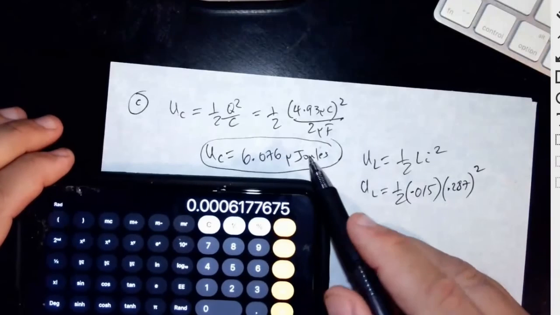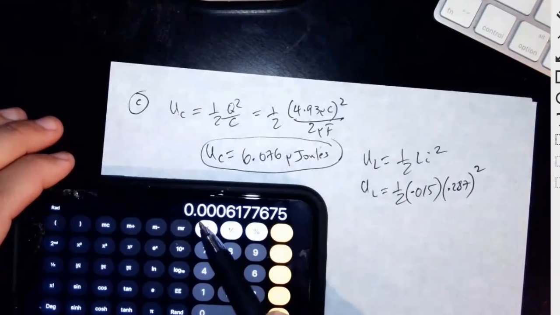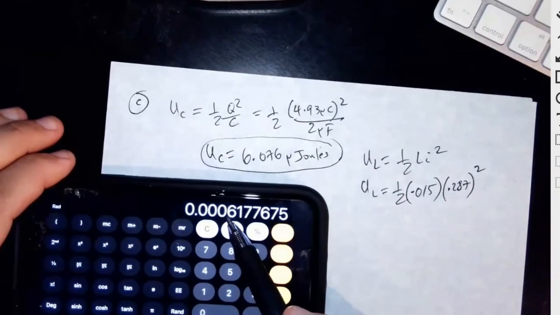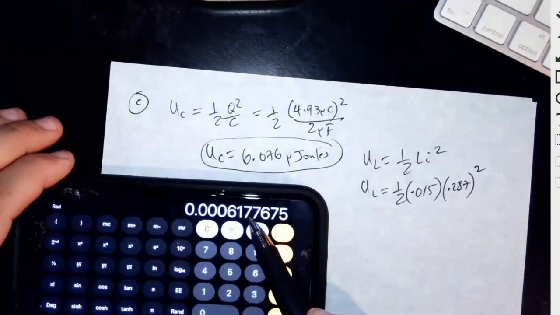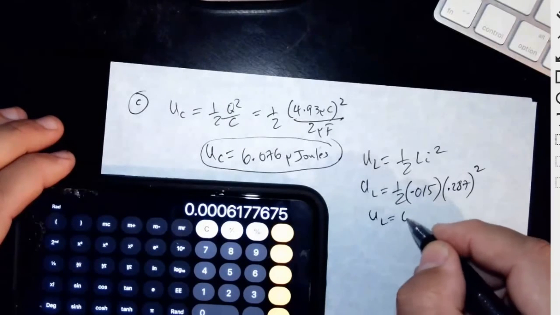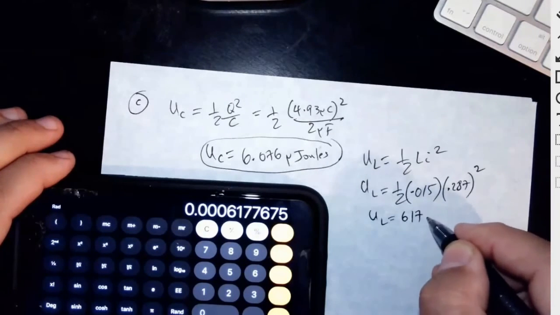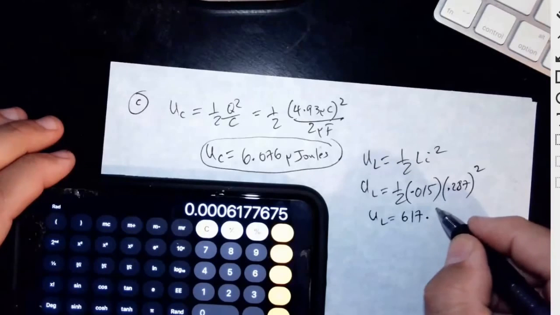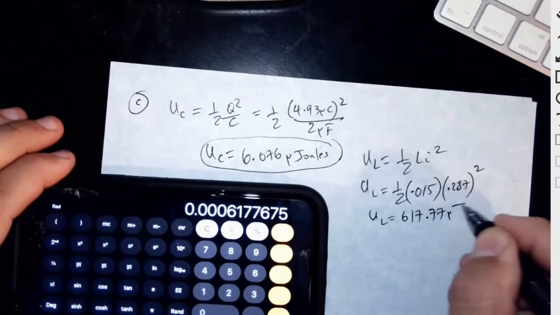okay, if I want to write it as a micro, that'd be 607, 6, that's really large. 617.77 microjoules.